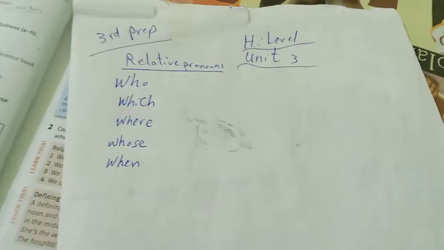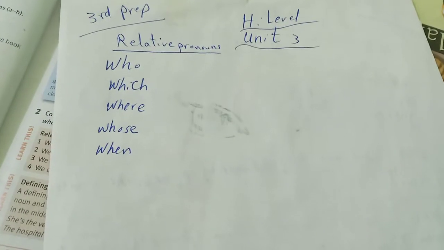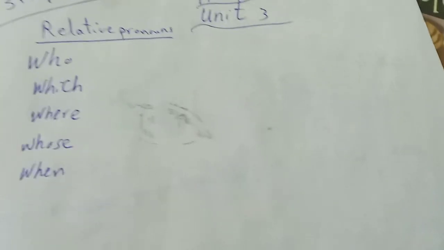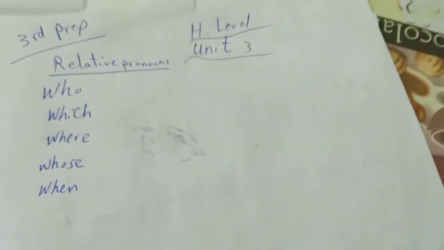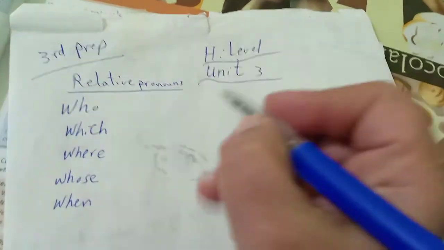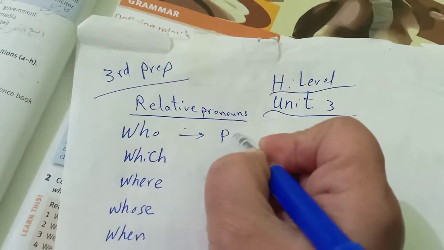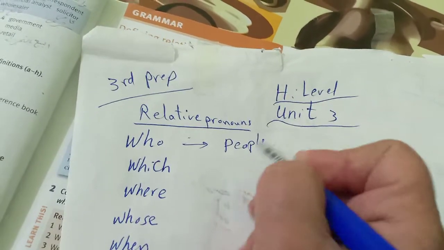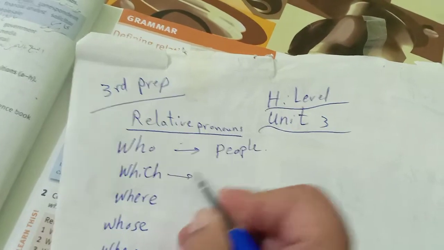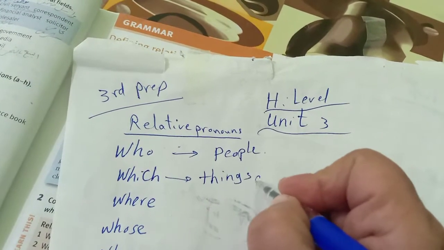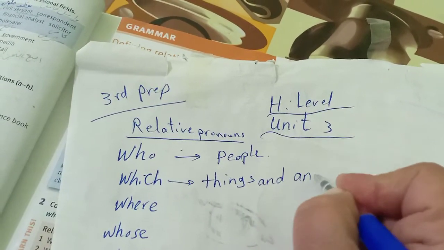Okay, let's start. Here are our relative pronouns. Who is used for people. And let's write down. Which for things and animals.